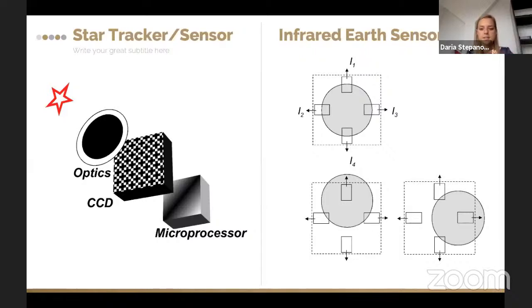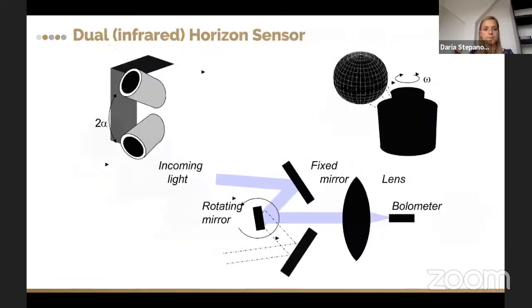For infrared Earth sensors, you can also see the principle. Basically, the infrared shadow or pattern of Earth is imaged using also a CCD matrix, and the deviation from the center is evaluated. Here you can see some advanced dual infrared sensors and their physical diagrams.